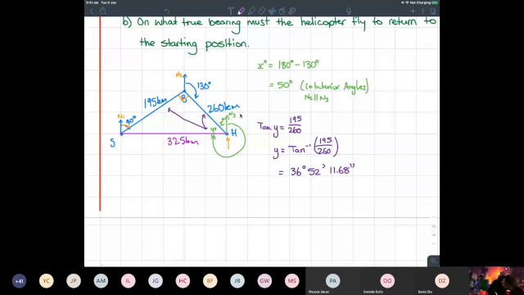The bearing is going to equal 360 degrees minus the sum of X and Y. So minus 50 degrees plus 36 degrees, 52 minutes.